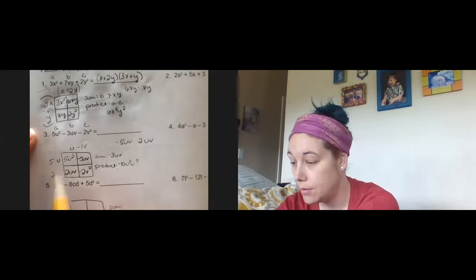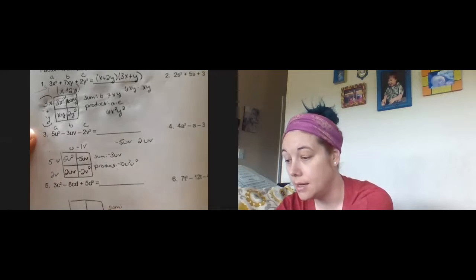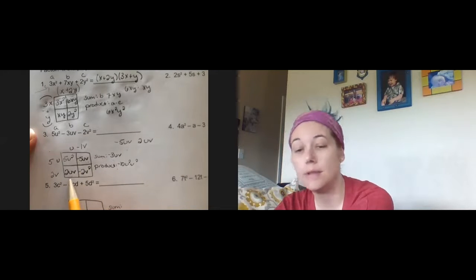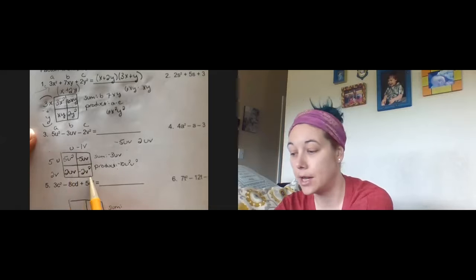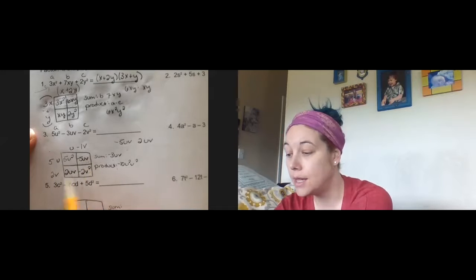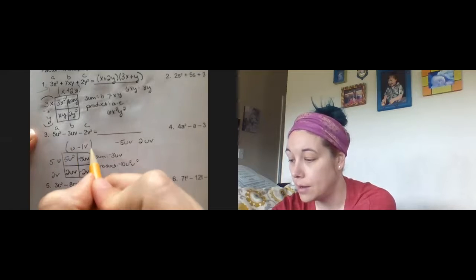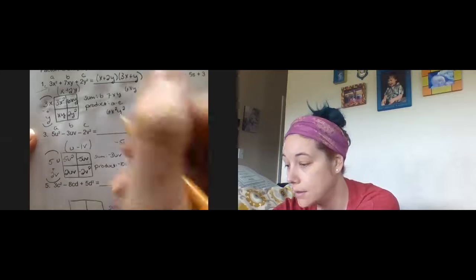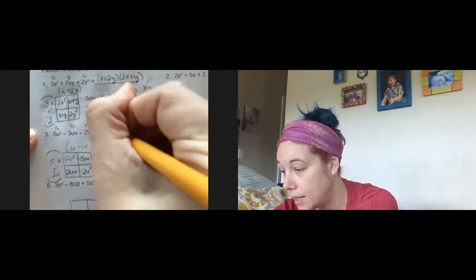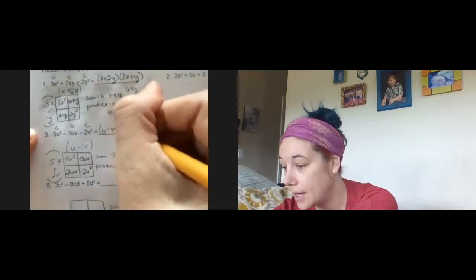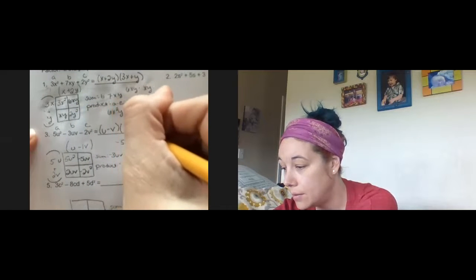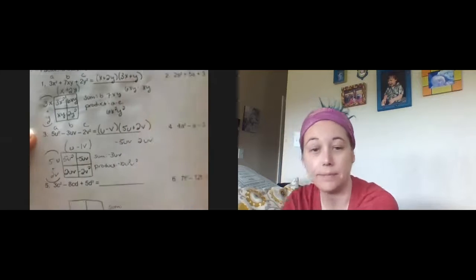Well, I need a 2, and I also need a v. 2v times u gives me 2uv. Now let's check our last box. 2v times negative 1v is negative 2v squared. Hey, I did it right. All right, so here are my 2 binomials. I've got u minus v and 5u plus 2v.